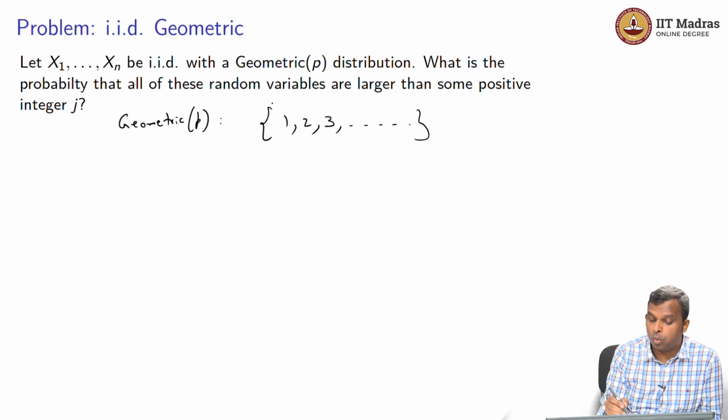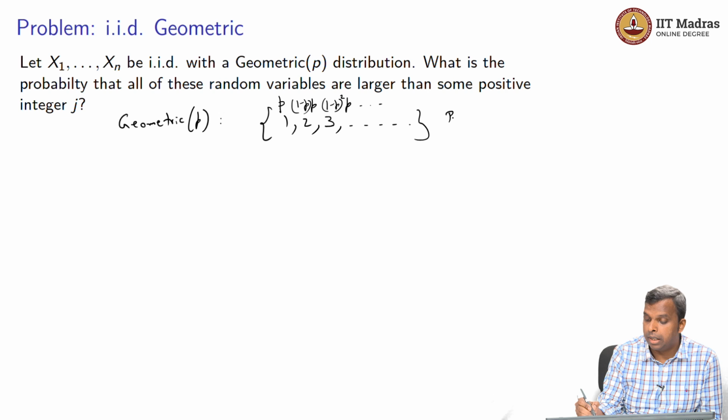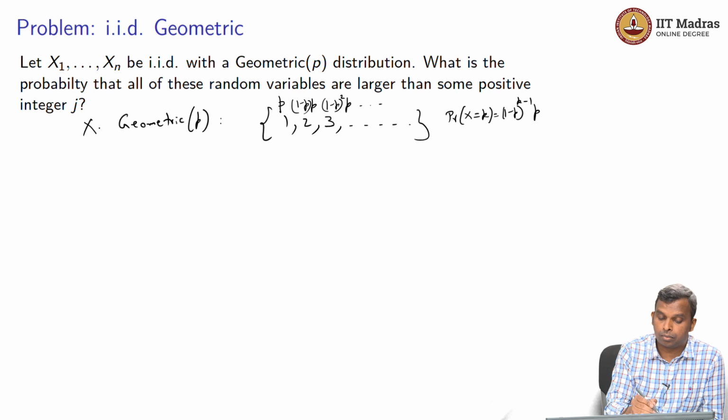The random variable takes value 1 with probability p, it takes value 2 with probability (1 minus p) times p, it takes value 3 with probability (1 minus p) squared times p, and so on. So the probability that X equals k is (1 minus p) to the power k minus 1, times p. So X is geometric.